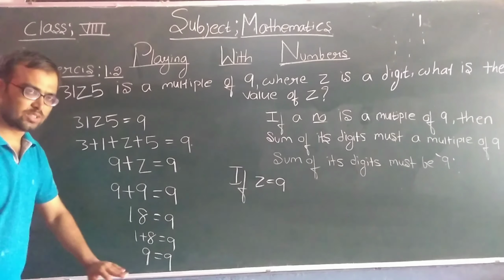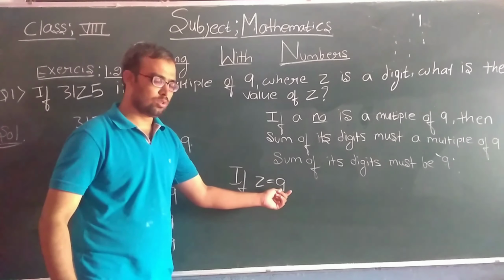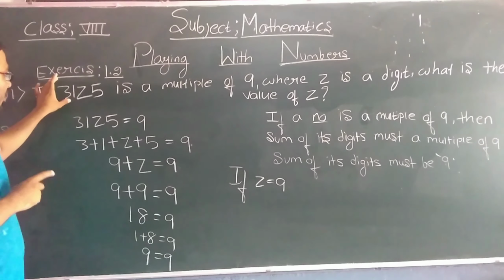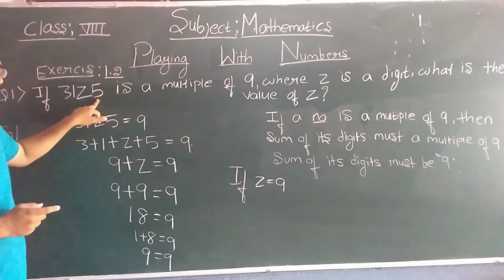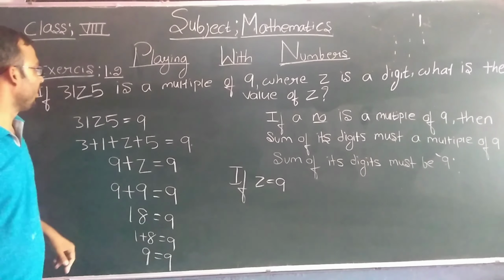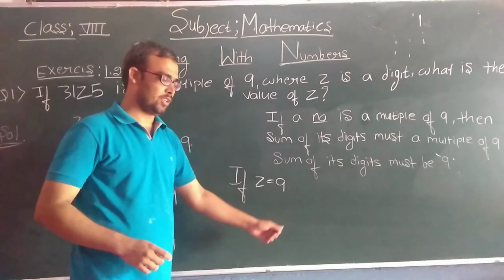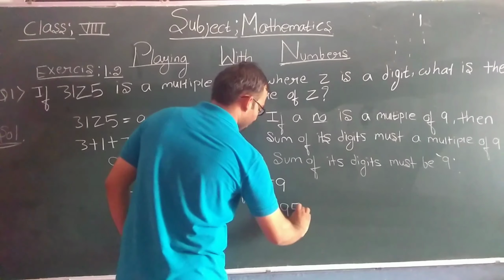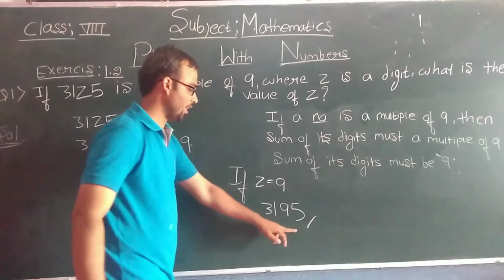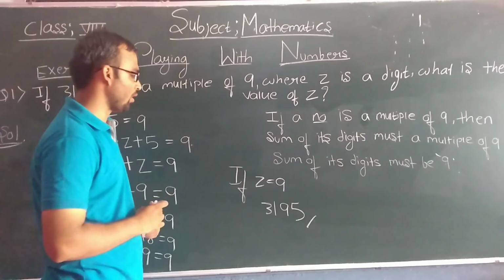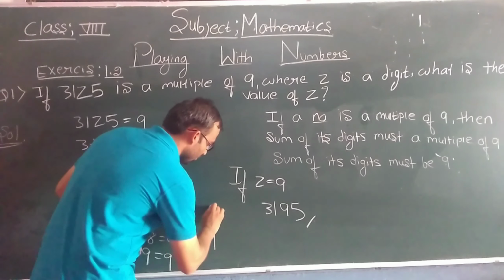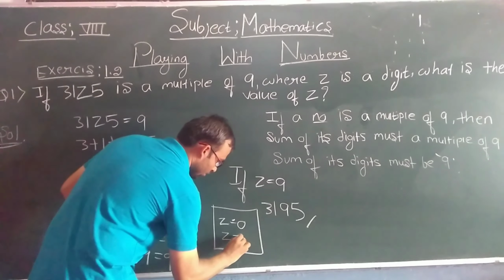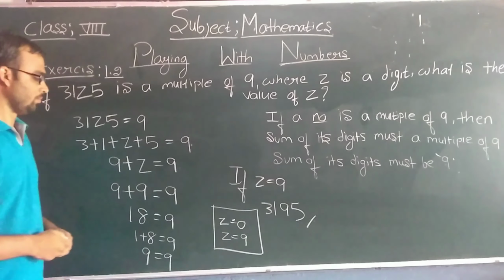This condition also satisfies when z equals 9. So this digit, 31z5, is also a multiple of 9 when the value of z is 9. Therefore the digit is 3195. So there are two values of z: z equals 0 and z equals 9.